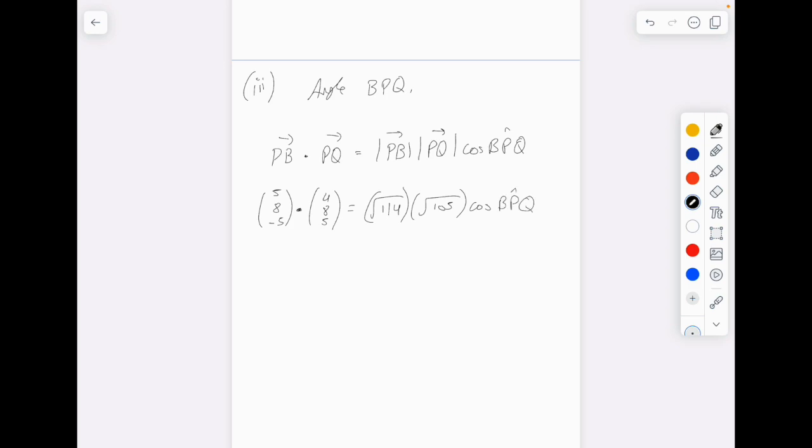BPQ. Right, so therefore what I can say, firstly, let's get this out. It's 20 plus 64, 4 minus 25, so that's going to give me 59. Okay, is equal to these two times together, so 114 times 105. Let me see what that's going to equal. Okay, so that's going to give me 11,970.